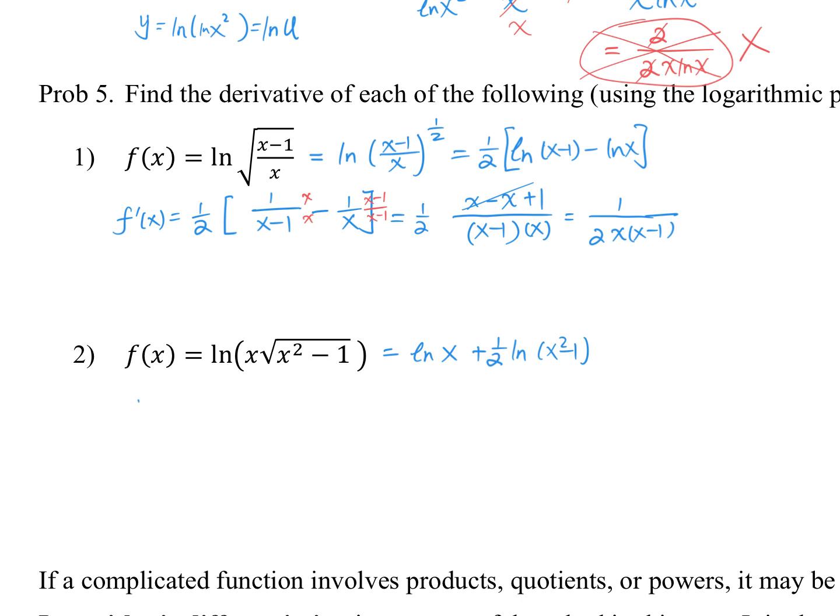Okay, finally, we are able to find this derivative, which is 1 over x plus 1/2, and this is your u. So here the u prime will be 2x over the u, which is x squared minus 1. And finally, these two cancel. We have 1 over x plus x over x squared minus 1. And again, this is completely fine.